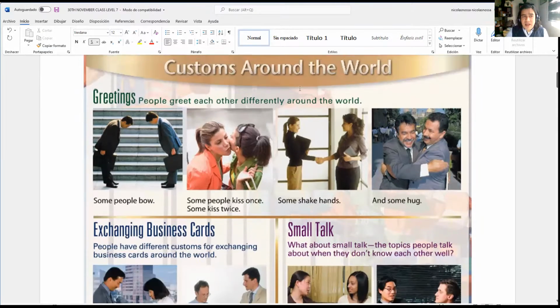But for example, here we have some examples of greetings around the world. For example, I am going to annotate.